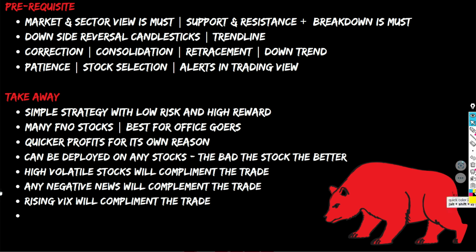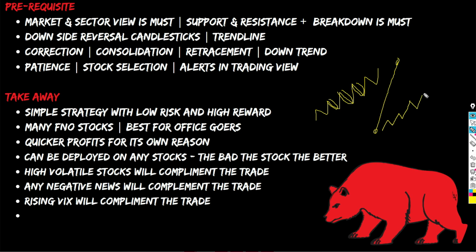Let me quickly give you one example. Let's say the market is going up, making higher highs and higher lows. This phase is called the correction phase. This is not the downtrend, this is the correction phase, because the market cannot go straight like this. If it has to travel from here to this position, the market will travel in a zigzag movement. It will go up, it will retrace, it will go up, and this is called consolidation.